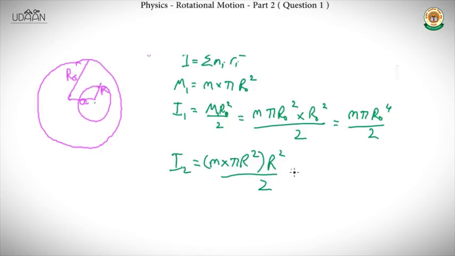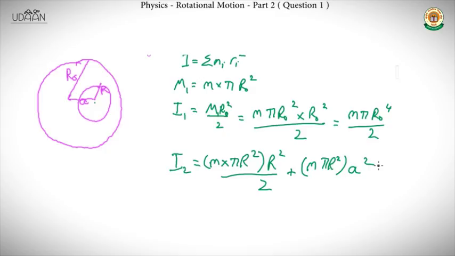For that we add the mass of the part, m into pi r square, into m d square, where d is given by a, the distance between the two axes. So we multiply by a square. This entire thing will give us the moment of inertia of the removed part about the axis passing through the center of mass of the bigger disk.